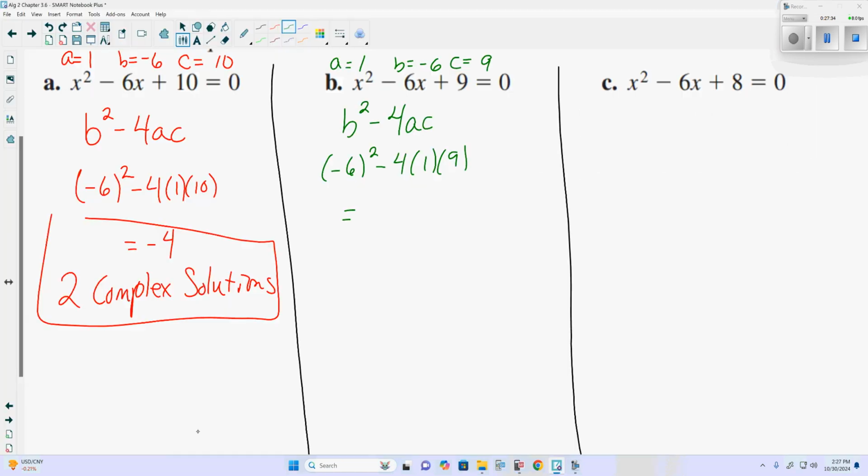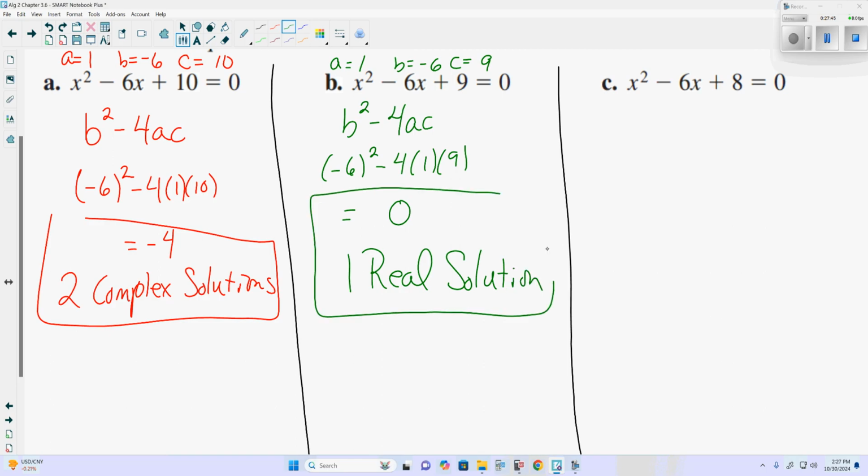So the value of the discriminant here is 0, which means we have what? 1 real solution. Questions on this here? We're ready for the next one.